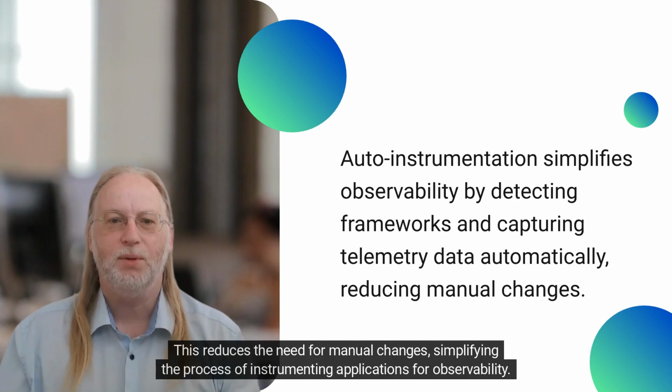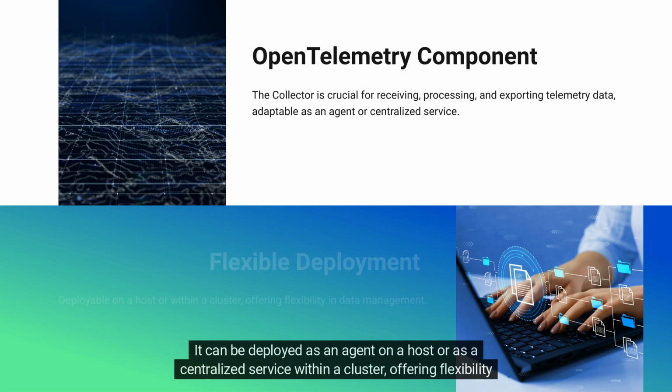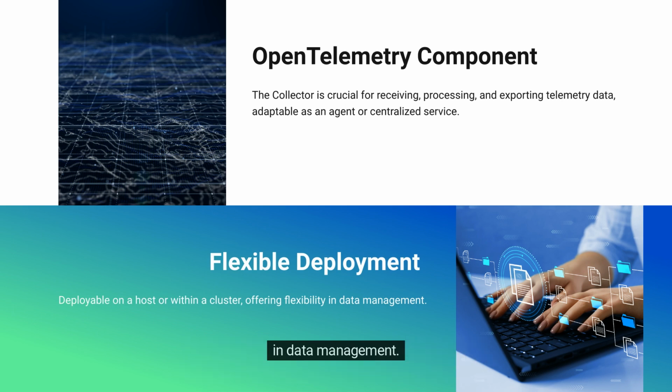This reduces the need for manual changes, simplifying the process of instrumenting applications for observability. The OpenTelemetry collector is a crucial component, responsible for receiving, processing, and exporting telemetry data. It can be deployed as an agent on a host or as a centralized service within a cluster, offering flexibility in data management.